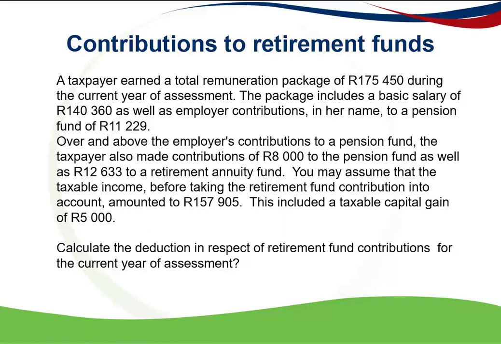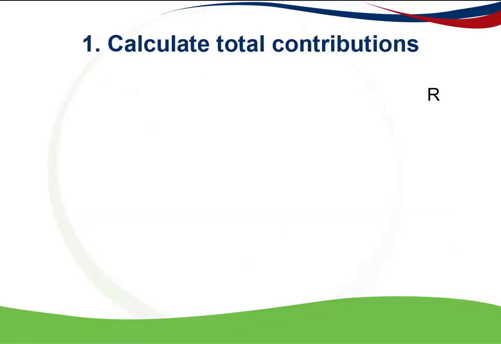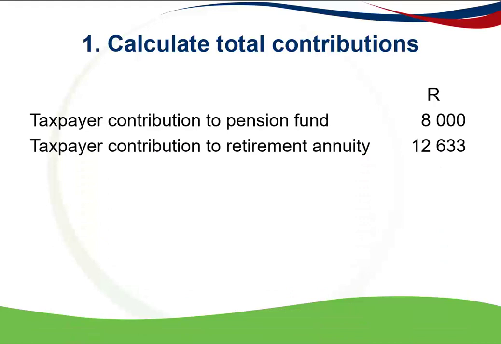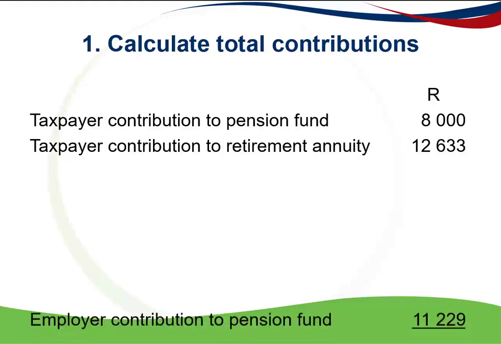So now remember our steps that we did. The first thing that we need to do is to calculate the total contributions that the taxpayer would like to deduct. So first of all, the question tells us that the taxpayer contributed to a pension fund 8,000 Rand. The taxpayer also contributed to a retirement annuity fund 12,633 Rand. And I've just taken all of these from the example.